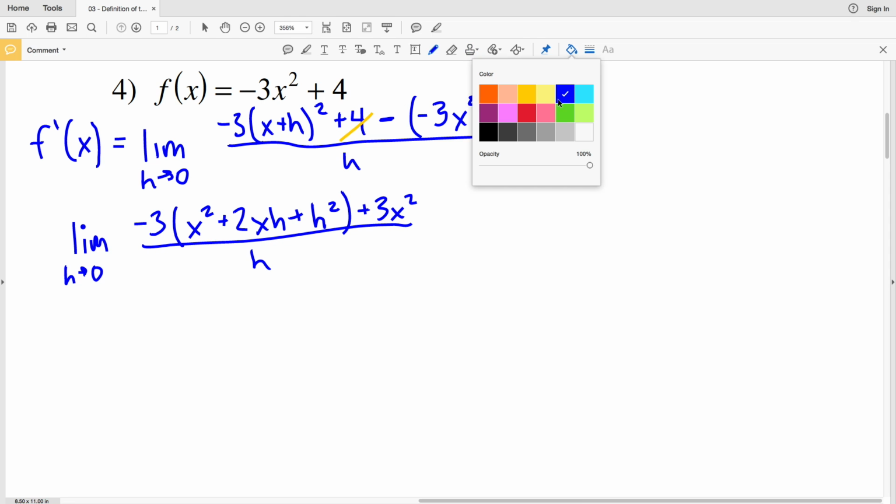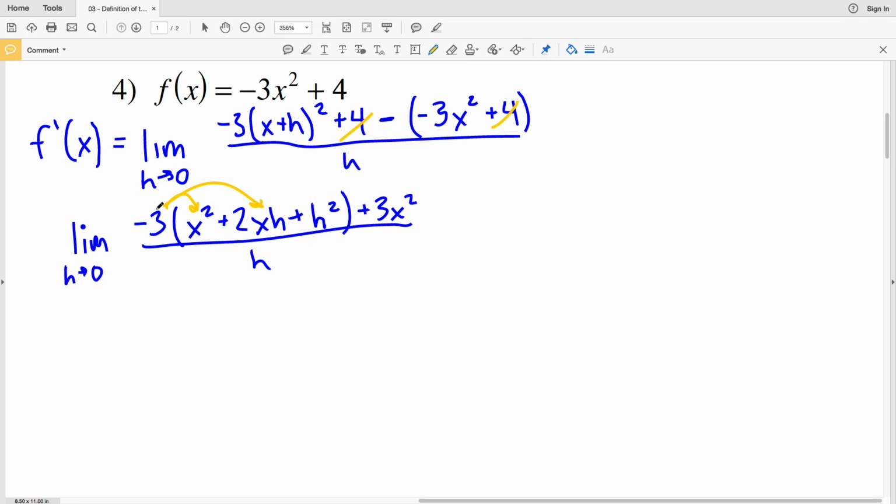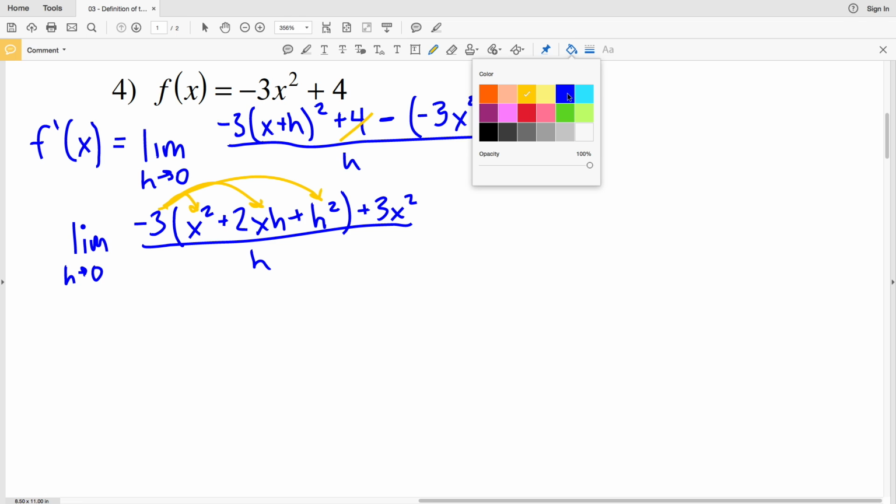My next step, I'm going to be distributing that negative 3 to x squared, 2xh, and h squared. And again, if you don't feel comfortable expanding out that binomial times itself, break that down and write the work out on your worksheet.